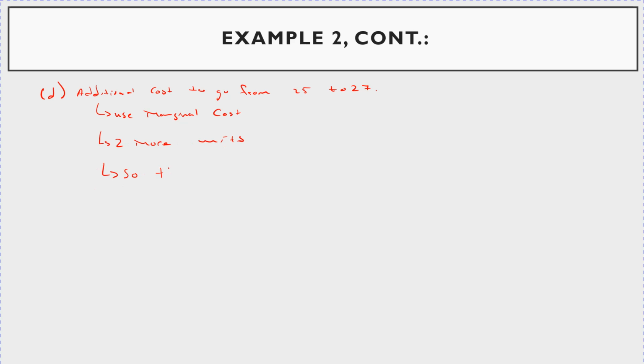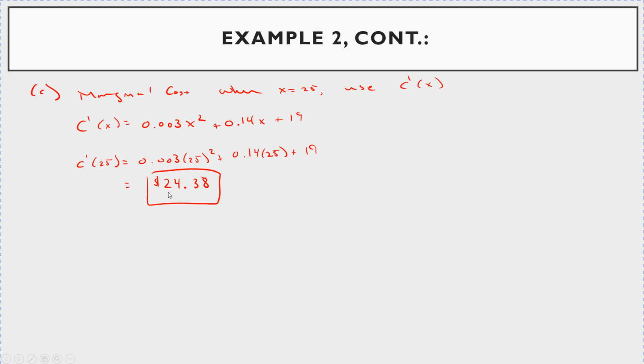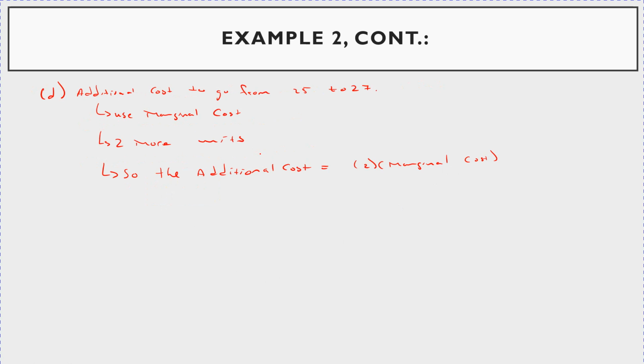So the additional cost would be equal to 2 times the marginal cost. What is the marginal cost? We found it here. It's $24.38. When you do this, you end up getting $48.76. So that's the additional cost to produce those extra 2 units.